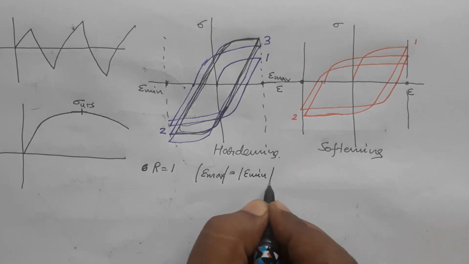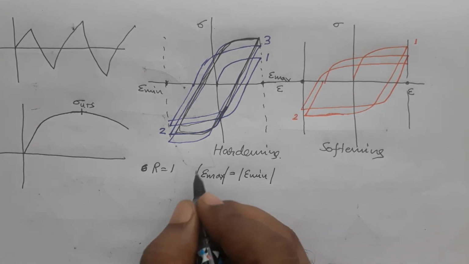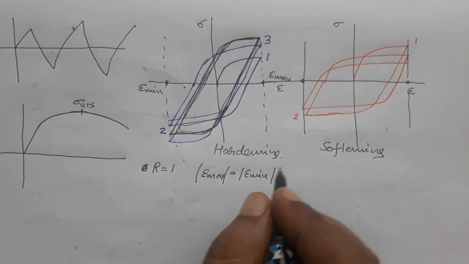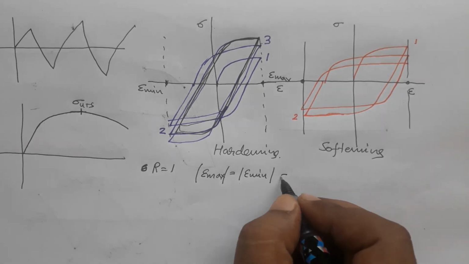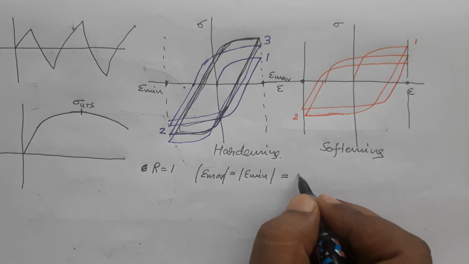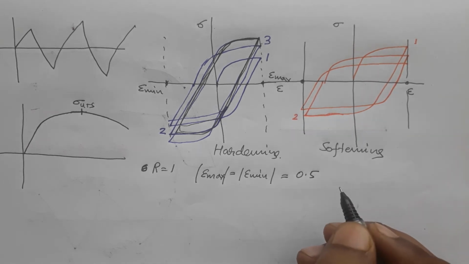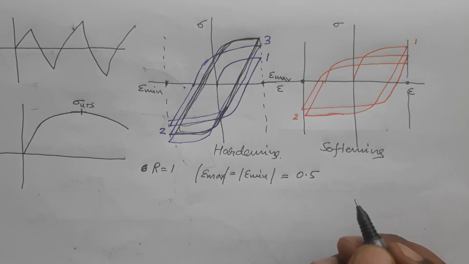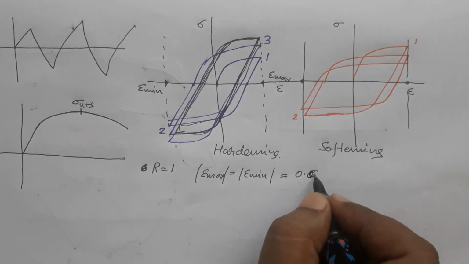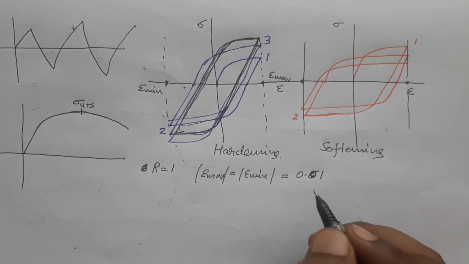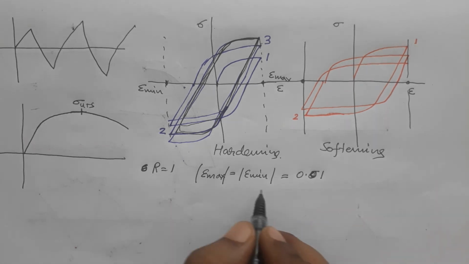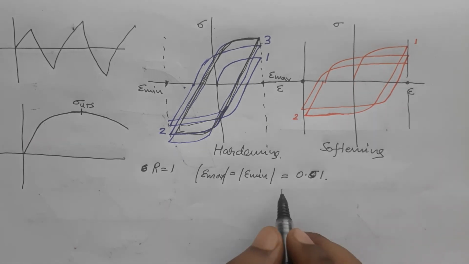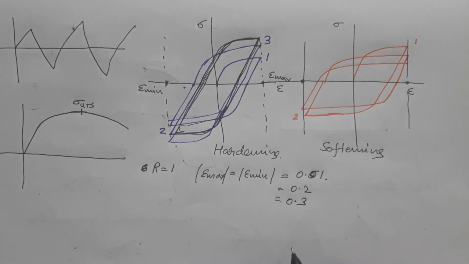That's the kind of cycle we are applying. And then we define a value to it. So let's say 0.5, but 0.5 will be too high. So you can imagine it to be 0.1, let's say. So we do the first testing at 0.1, then we do the second testing at 0.2, we do the third testing at 0.3, and so on.